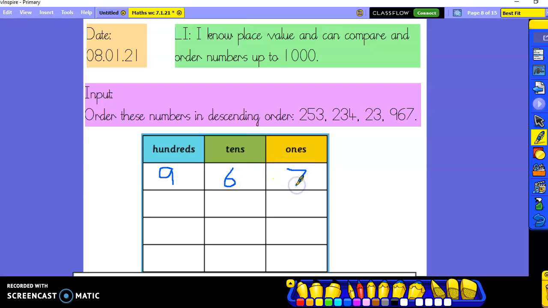So which number would be the next largest? Some tricky ones here, very close by. That's correct. Yes, 253 would be the next largest number.